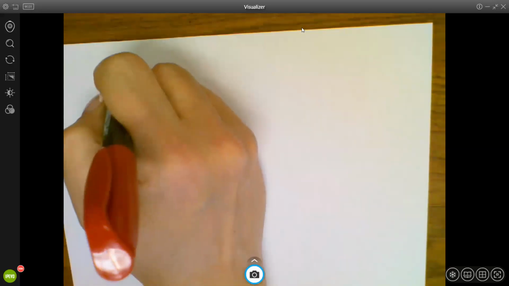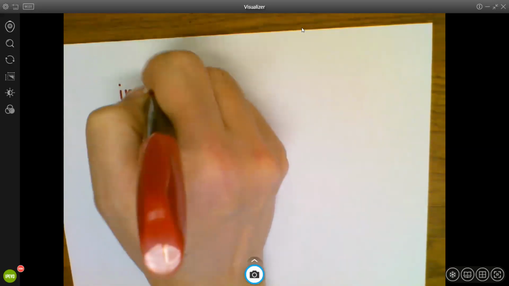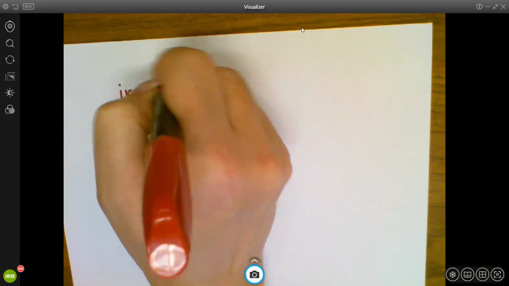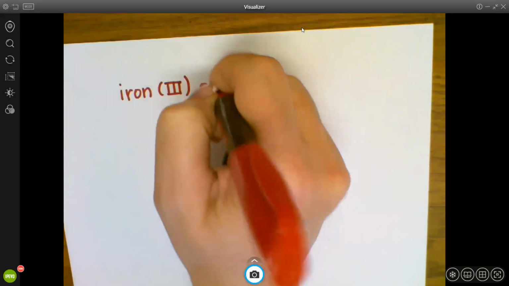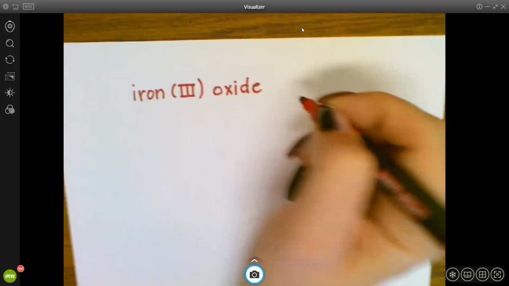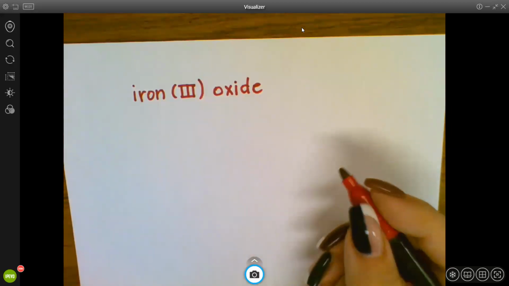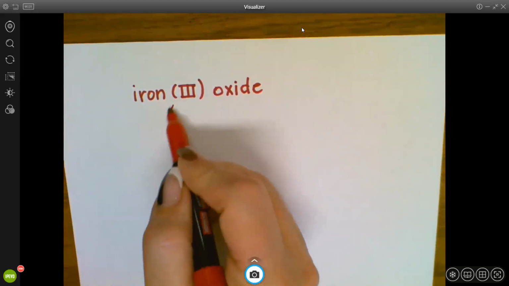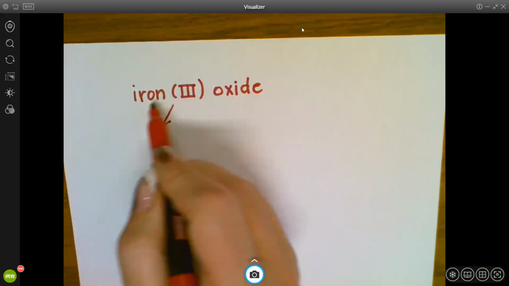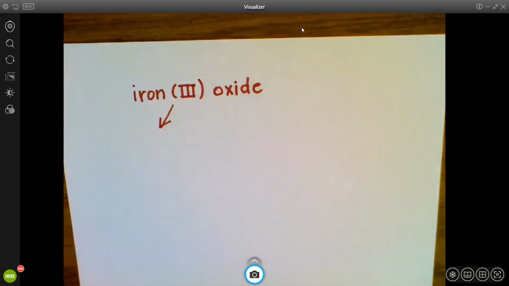So let's just do a couple examples before you try some of these on your own. We want to be able to write formulas from names and names from formulas. So let's look at iron(III) oxide. How would we do this? The first thing you would do is you would go to your periodic table and look for the symbol for iron.